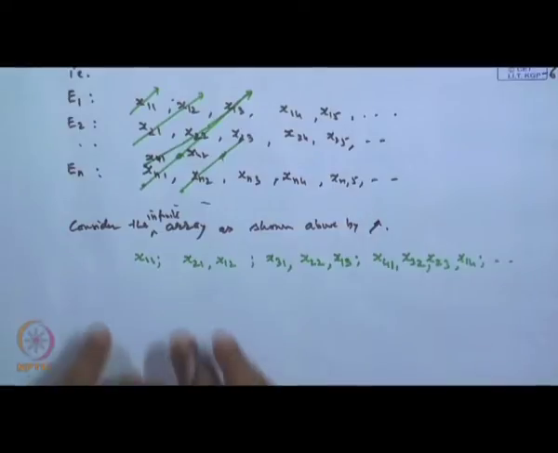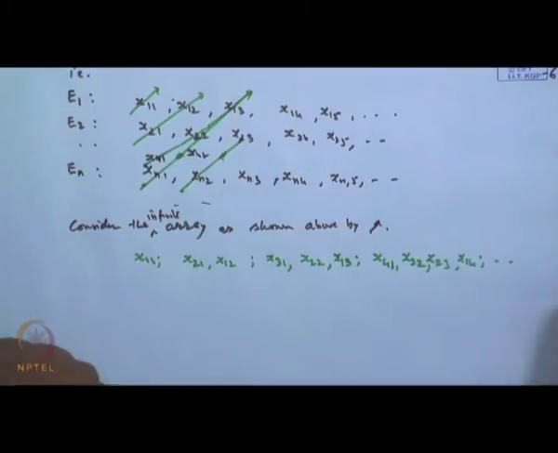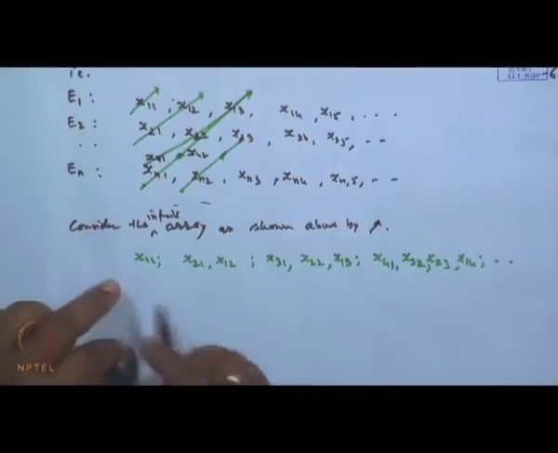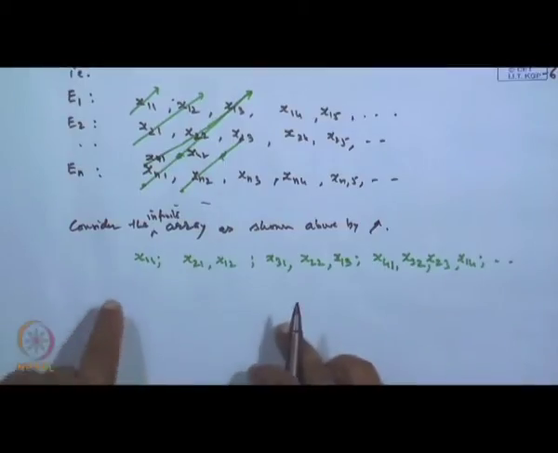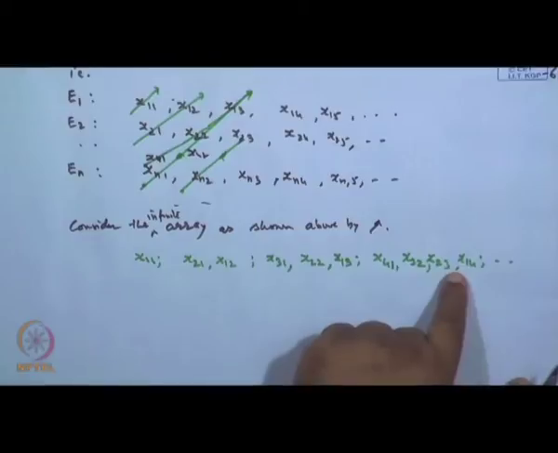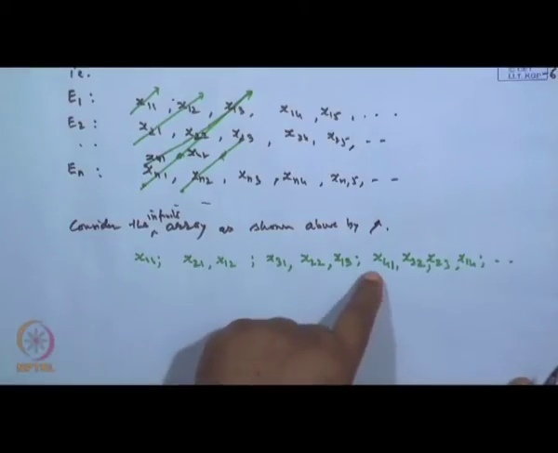Continue this. If we arrange this in the form of a sequence, we get the first element, second element, third element and so on. In this way we get a one-to-one correspondence between the elements of this set and the set of positive integers. It may so happen that some of the elements of this sequence may be repeated.